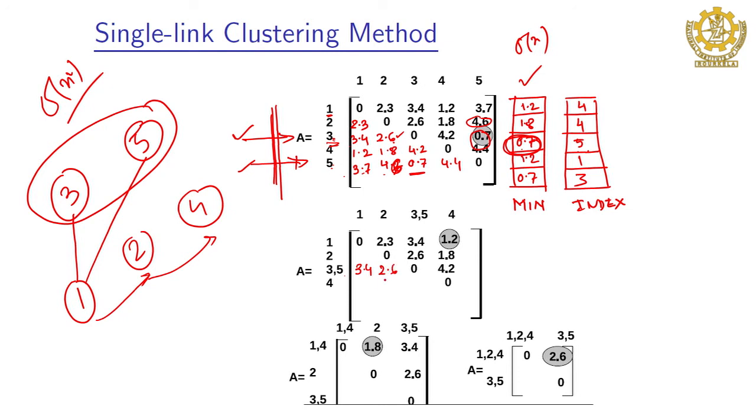While computing this distance row wise, there is no need to compute the distance column wise, because it is symmetric. So, 3.4 and 2.6, because we merged the cluster 3 and 5.